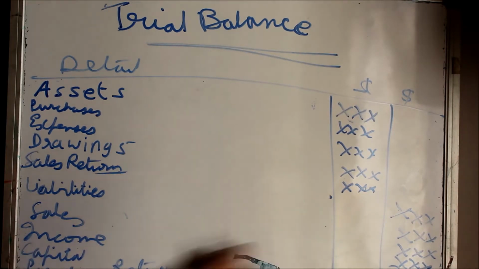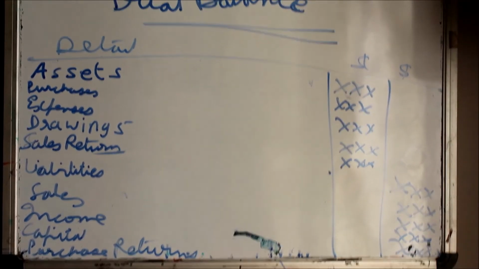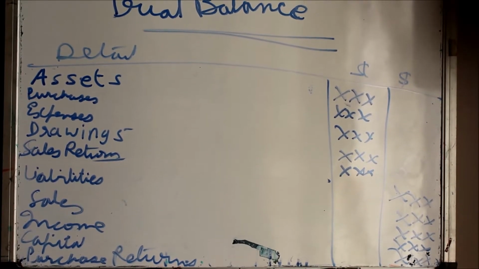So these are the generalized types of balances which come in the trial balance. Take a look at this carefully, because you didn't see the purchase return. The purchase return comes over here.